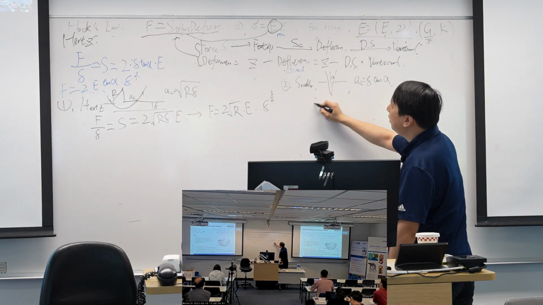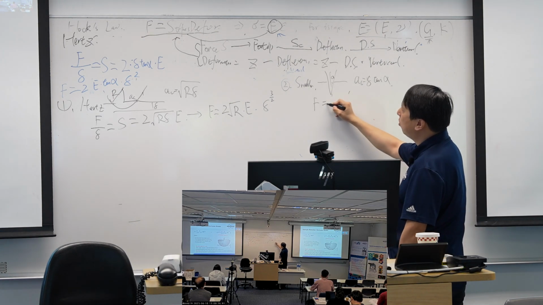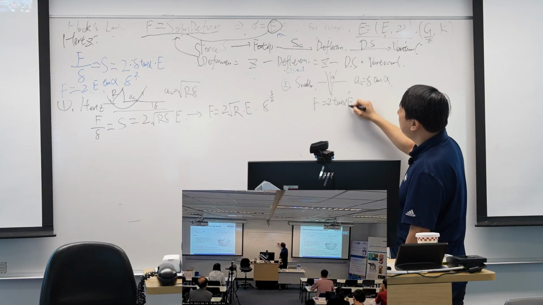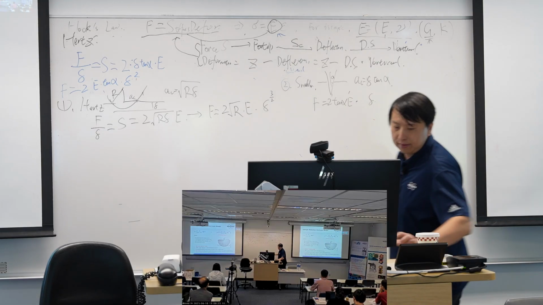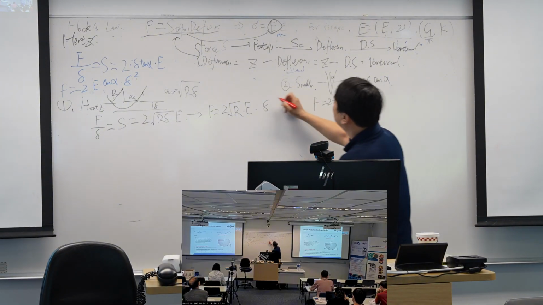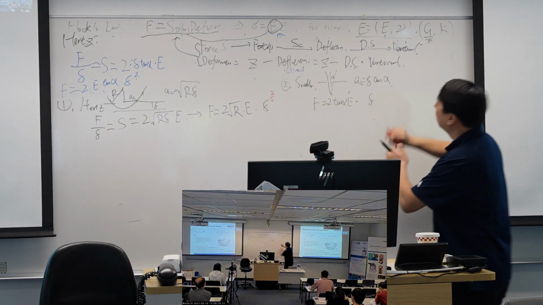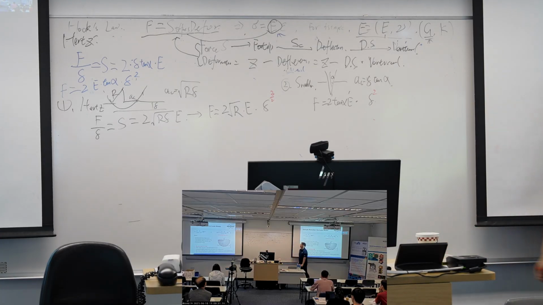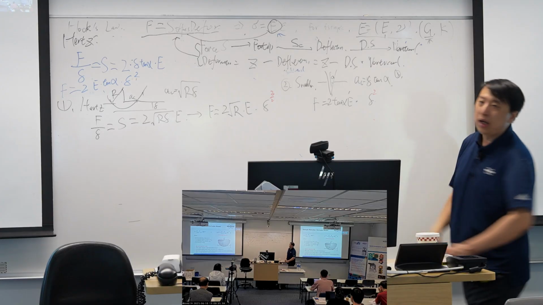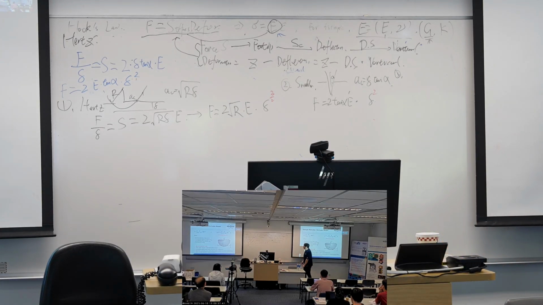And finally, F equals tangent alpha times E times delta square.